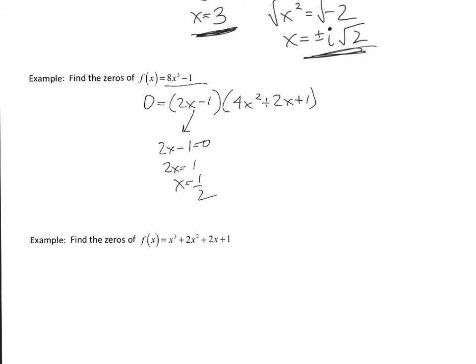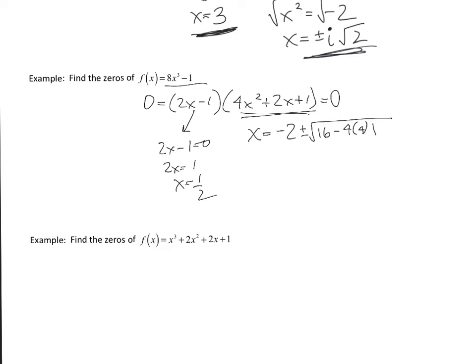It's a real root. But this trinomial, when I set it equal to 0, doesn't factor. It's unfactorable, but that doesn't mean it's not solvable. We're going to fall back on the quadratic formula. So I'm going to have negative b plus or minus the square root of b squared minus 4ac.